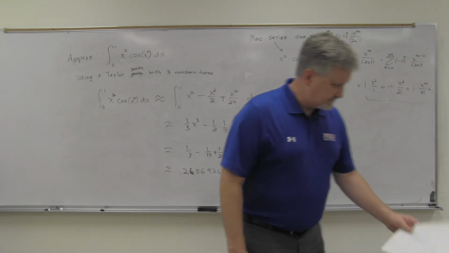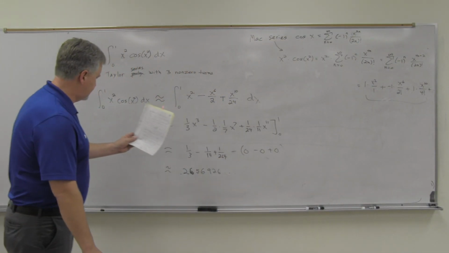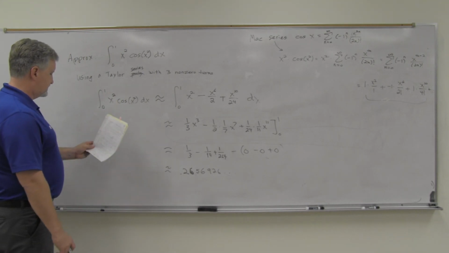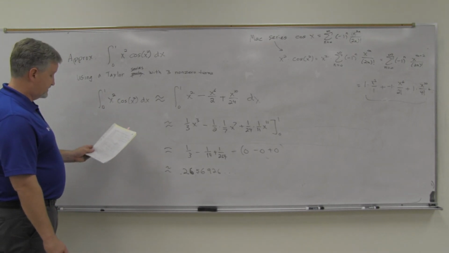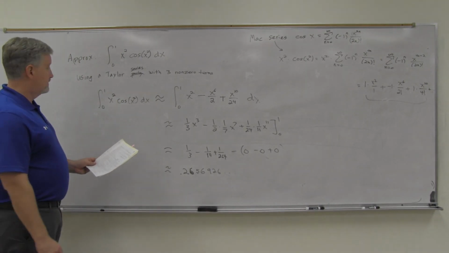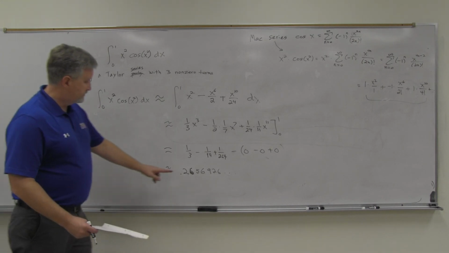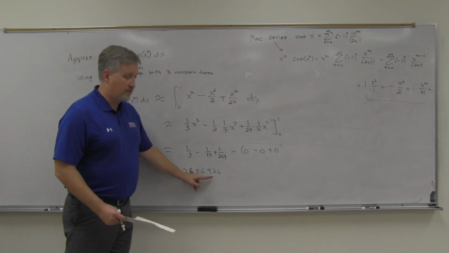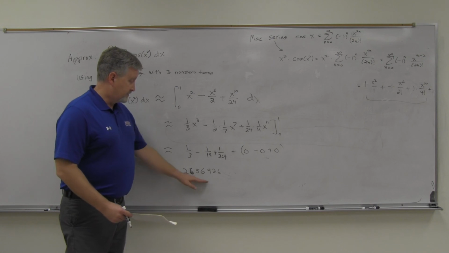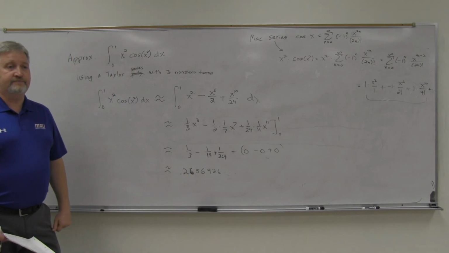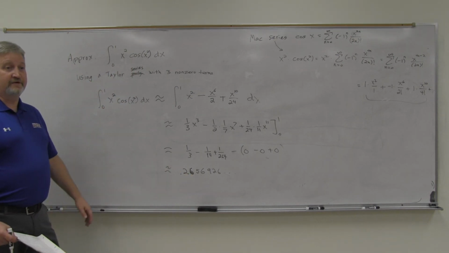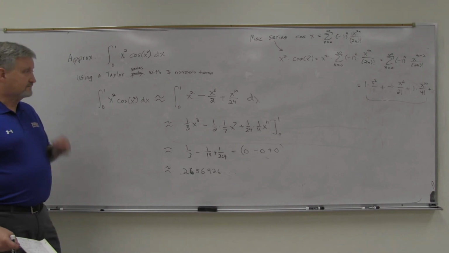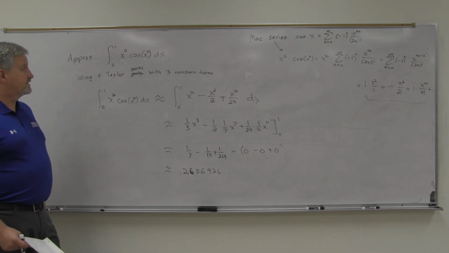From other sources, I get that this integral is actually equal to 0.265601. So it's good on the first 4 digits anyway. So just using 3 terms, that's pretty good. Pretty good little approximation there.